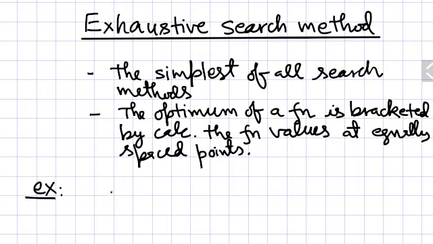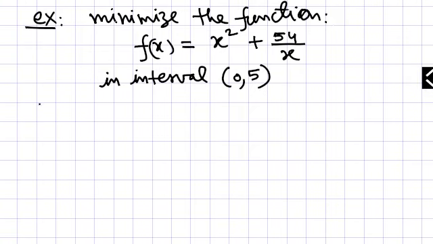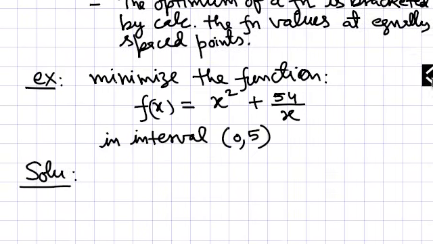The example says: minimize the function x square plus 54 by x in the interval 0 to 5. We will do it with the exhaustive search method.